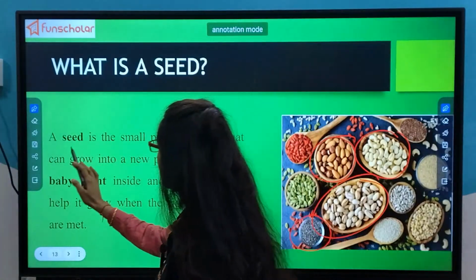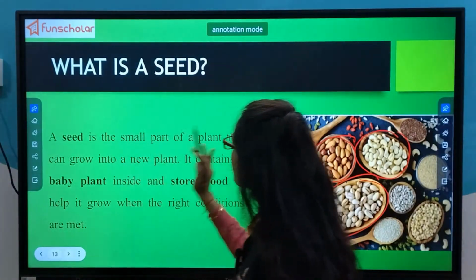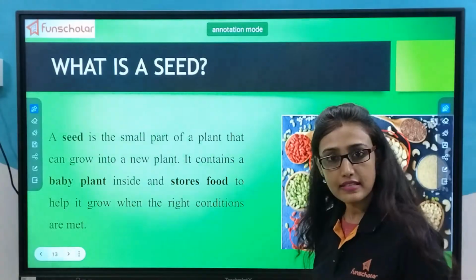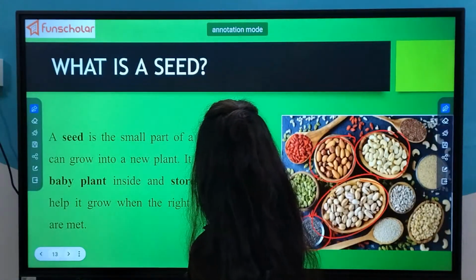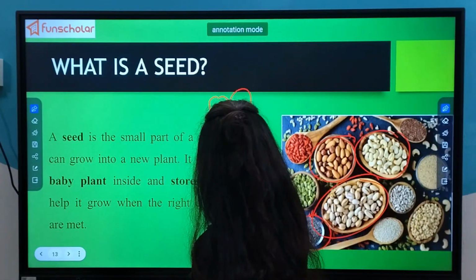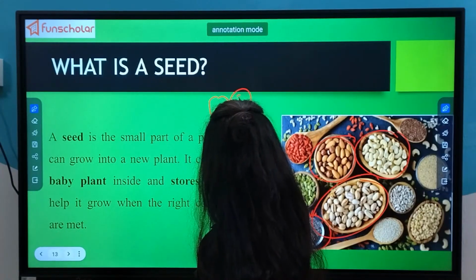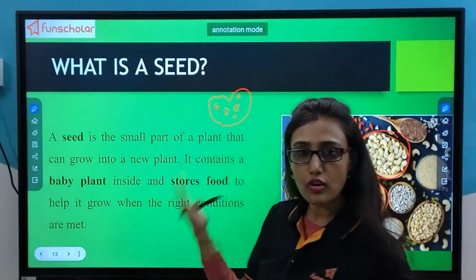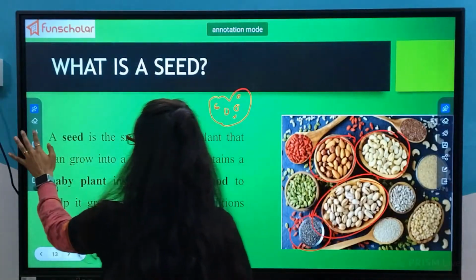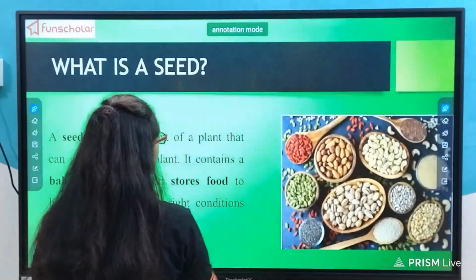Right? So let's read. A seed is the smallest part of the plant. Exactly, it is the smallest because it remains within the fruit and it is generally smaller than the rest of the plant.